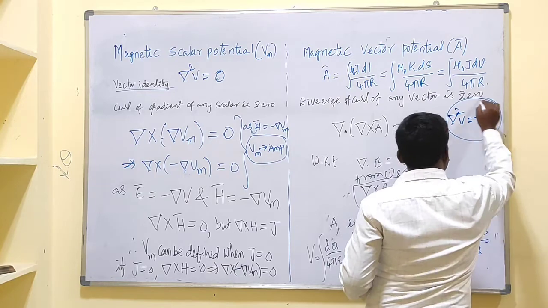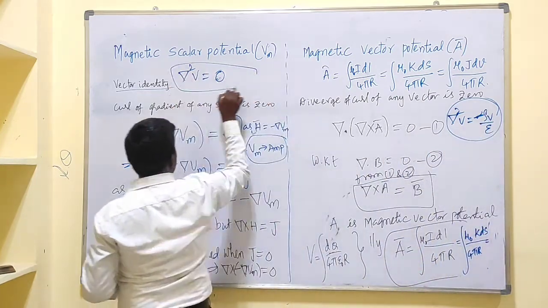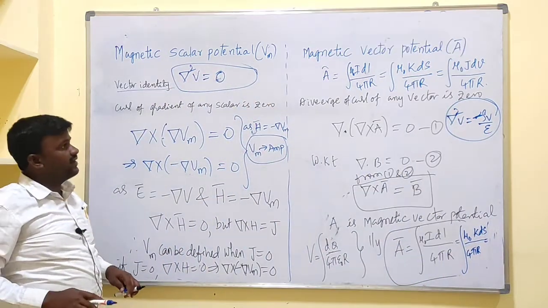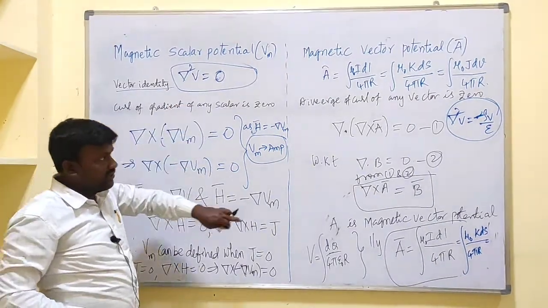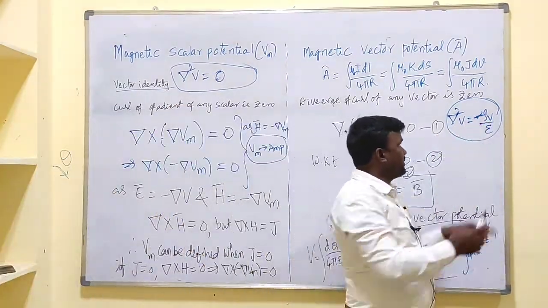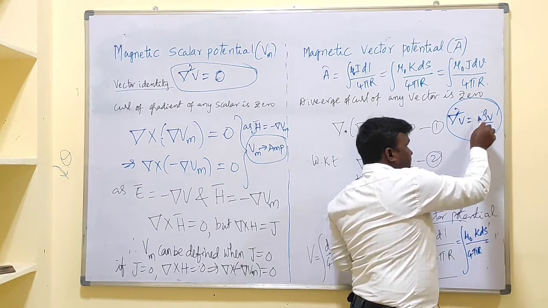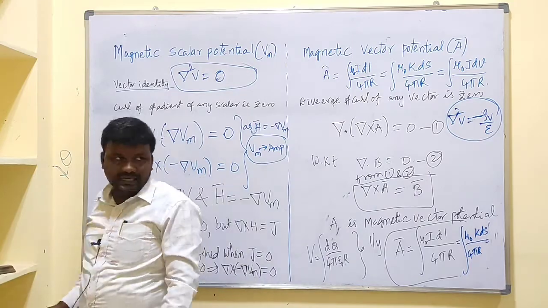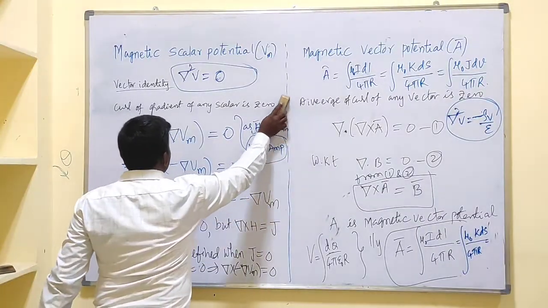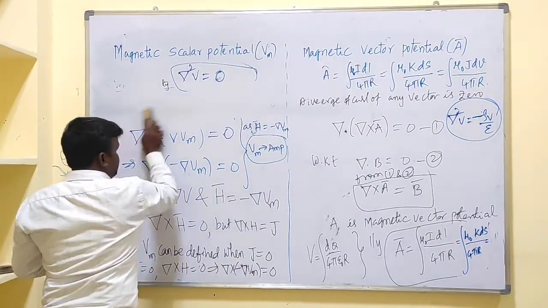Now we will discuss these equations for our magnetic scalar and vector potentials. The magnetic scalar potential satisfies the Laplace equation, whereas the magnetic vector potential satisfies Poisson's equation.